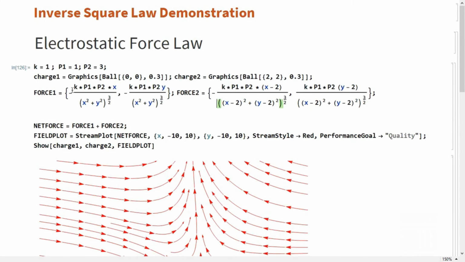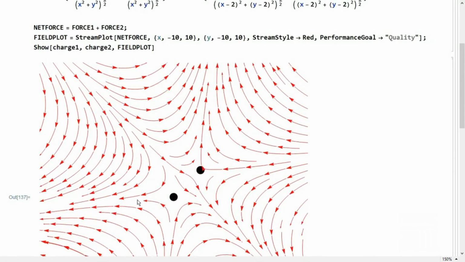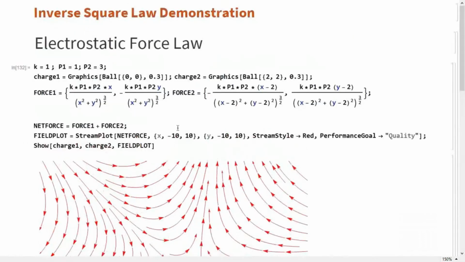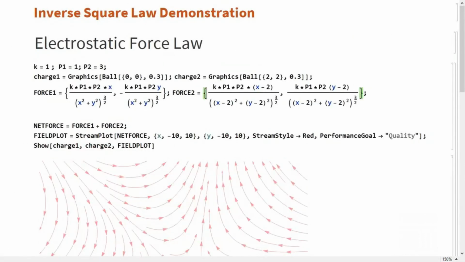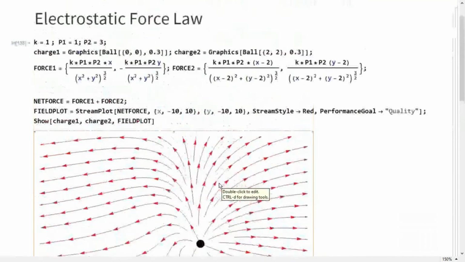And again, if you just take this one to be positive and this one to be negative, this is the kind of streamline plot you would get. Or again, you just make the force positive again, this is the thing you are getting, right?